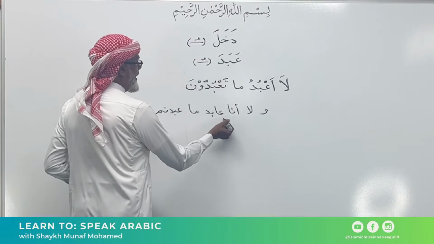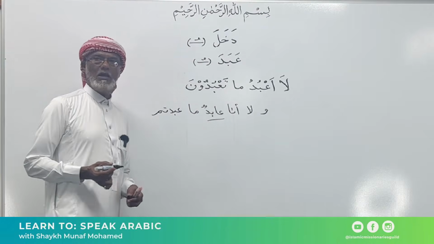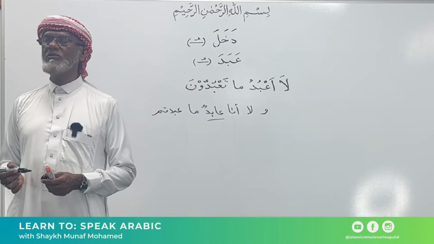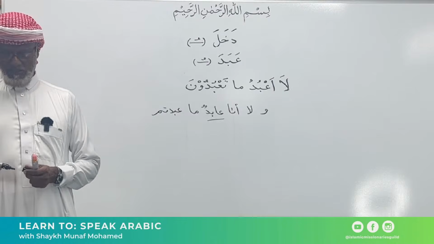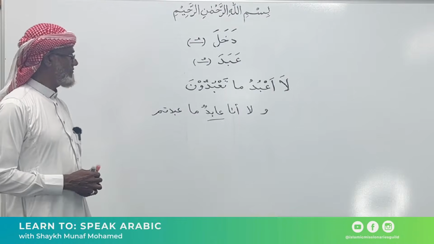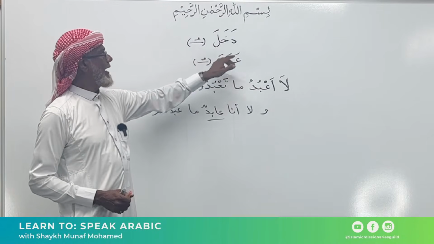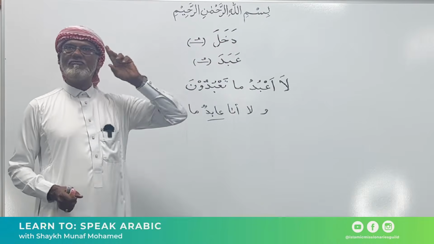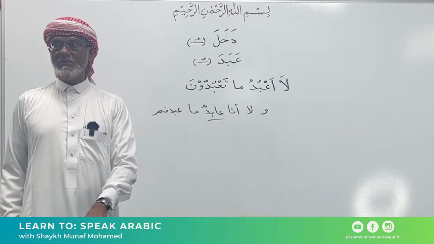So abidun, what does abidun mean? Can you remember when I said sometime before in one of the previous classes that if you take the verb and you add an extra alif after the first letter, you get the active participle, the noun?